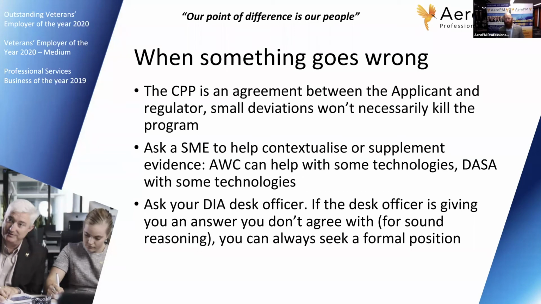So if the problem is small enough, if you have said you're going to meet something in a particular way, and you've kind of done it in another way, but it's a really low risk thing, really well known, maybe you're prepared to take the risk and just submit that with your declaration of compliance and say, hey, I haven't done it exactly as I planned, but it's pretty close.